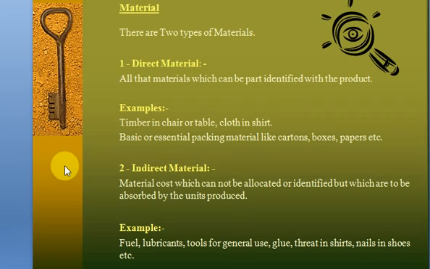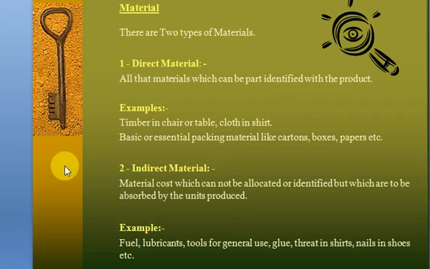Similarly, oil, grease, consumable stores just like nuts, bolts, printing and stationery, etc. These are examples of indirect materials, like lubricant, glue, thread in shirts, nails in shoes, etc.